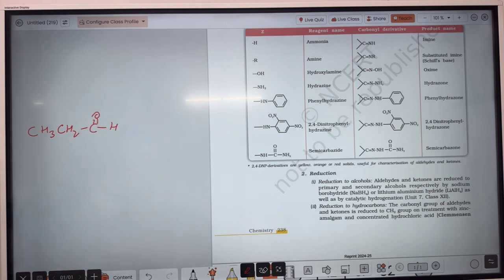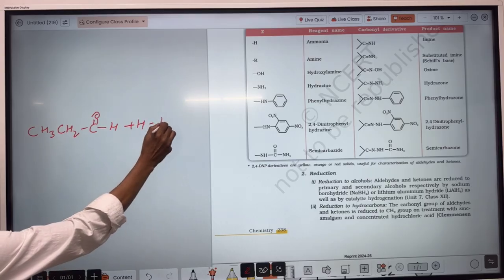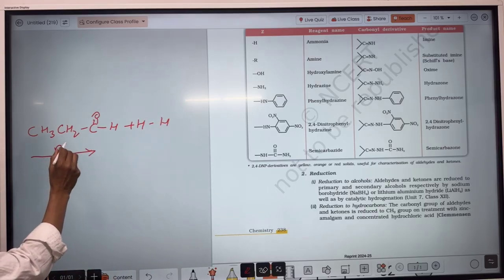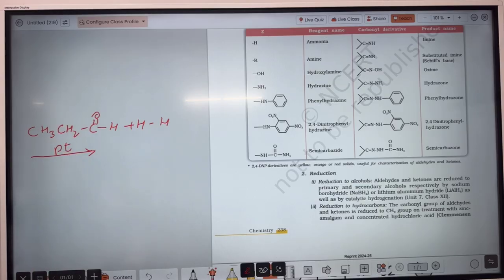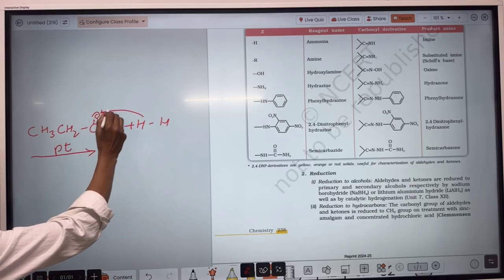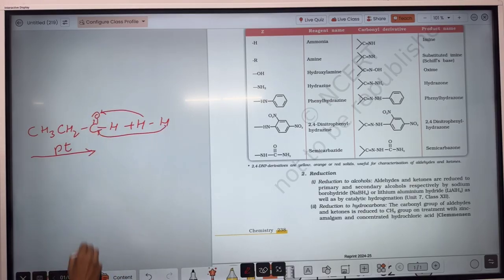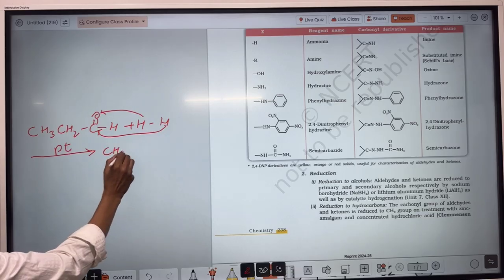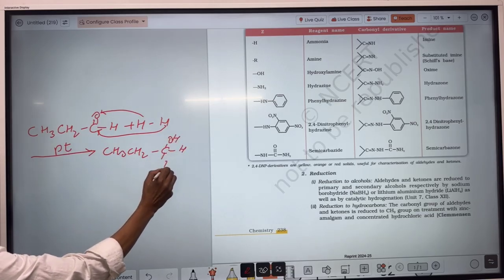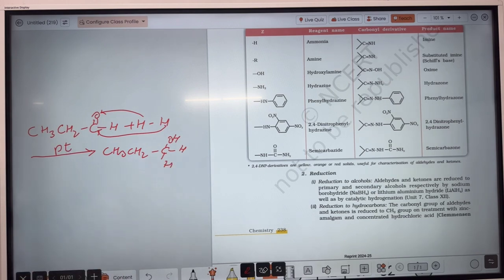Aldehyde is more reactive than ketone, so it can react with hydrogen also. Platinum, palladium, nickel will be used as a catalyst, which will provide the surface area for the hydrogen. So then what happened? Same here, this hydrogen will bond to this oxygen, this hydrogen will bond to this carbon. So the compound becomes this. This is the Rosenmund reduction. Keep it in mind.